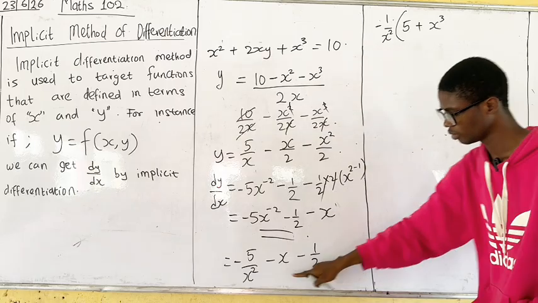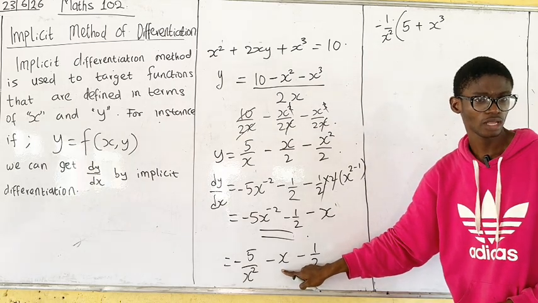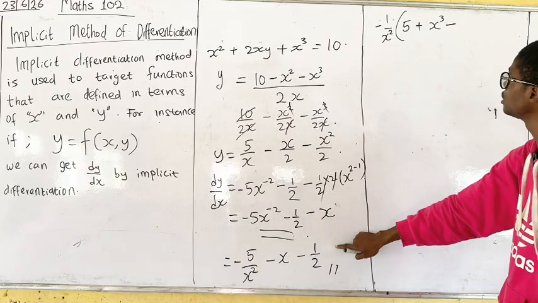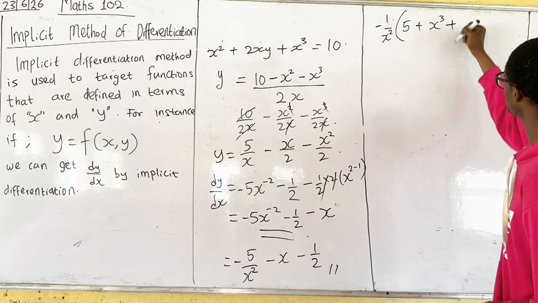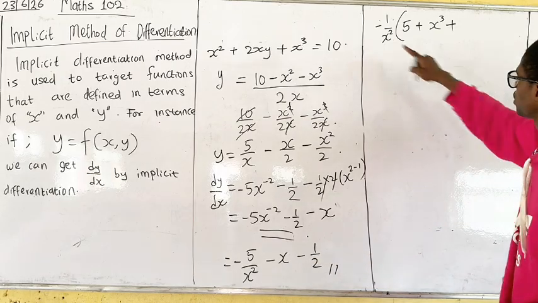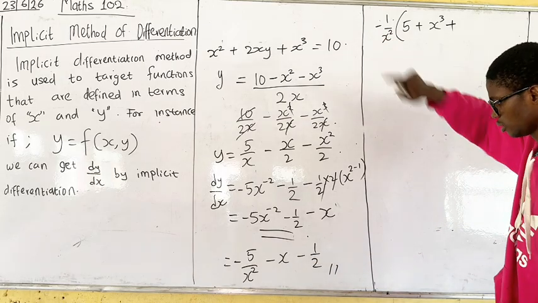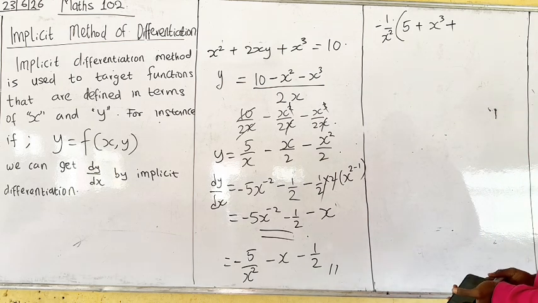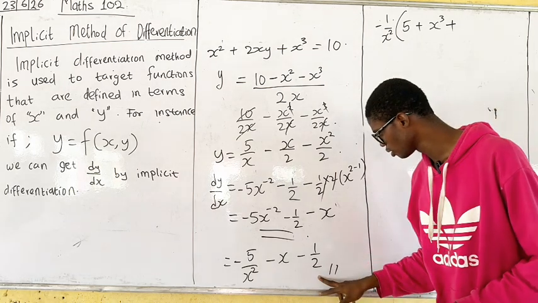What will it give you? Are we following? So minus, then finally for this we should have plus, not minus, because this is minus and we have factored out minus, right?